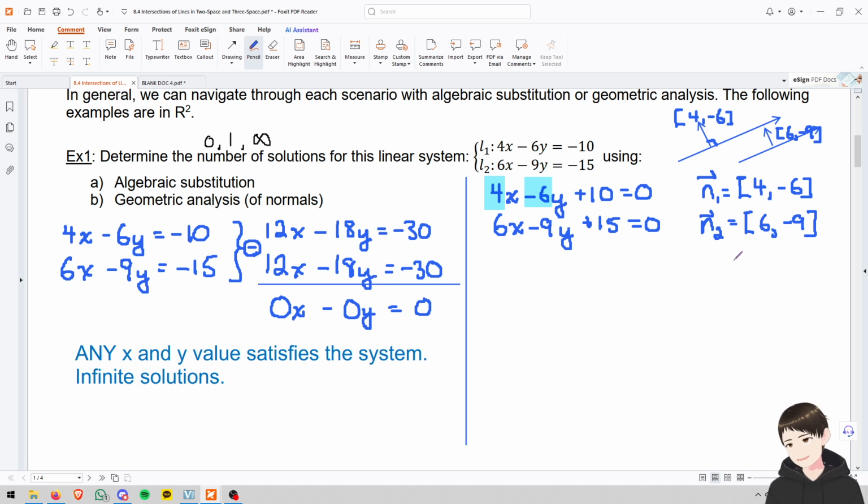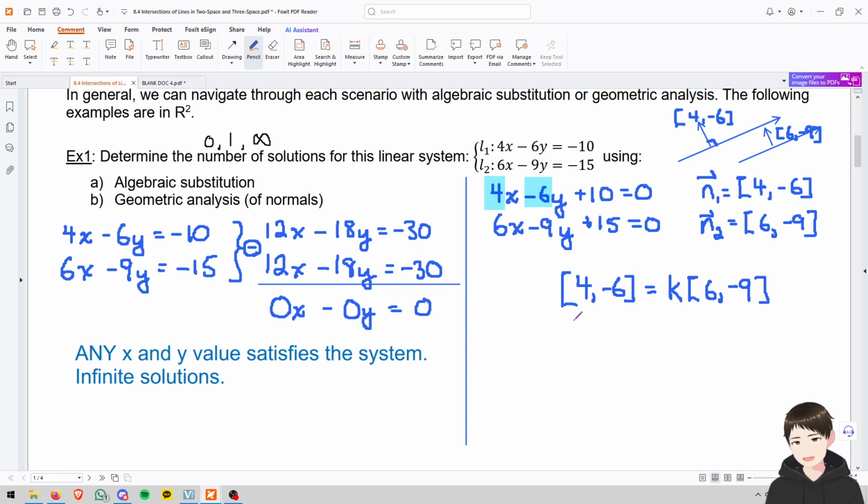At this point, you should notice it. 4, -6 is a scalar multiple of 6, -9.